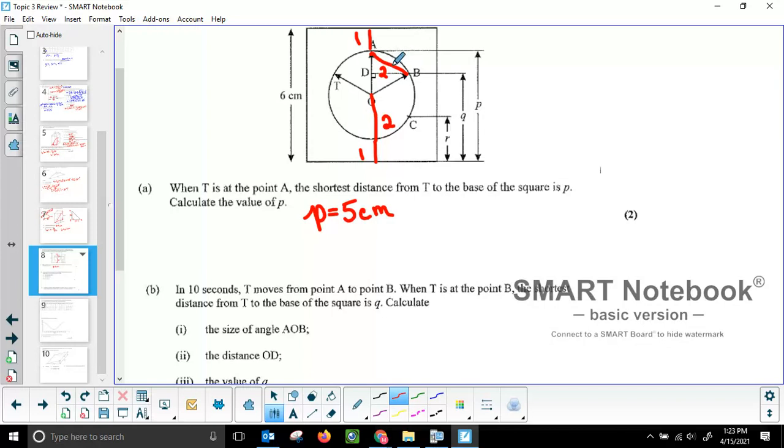Okay. Well, in 10 seconds, what number would I be on in the clock? If I start at 12 and I go to 2, that's 10 seconds. Each number is 5 seconds.